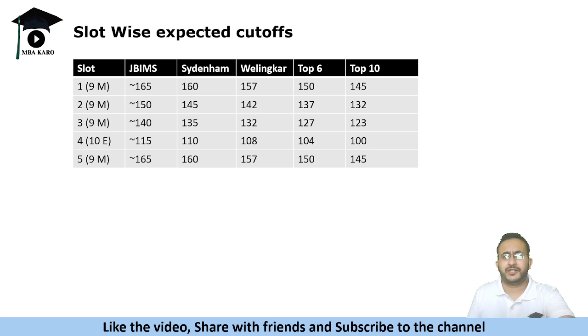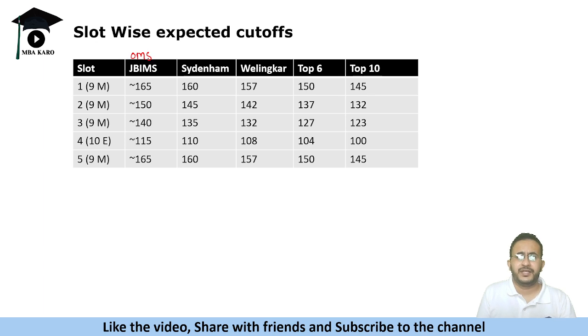Now, expected cutoffs. This is not a conclusive thing, but based on students' feedback, the number of attempts they have made, and discussions going around, these are some of the predictions: JBIMS cutoffs for the first and fifth slots are going to be somewhere around 165. This is for OMS candidates.